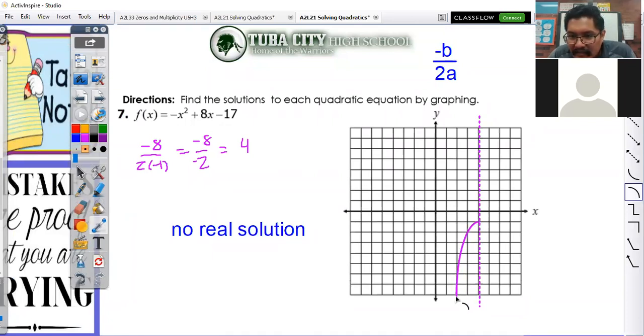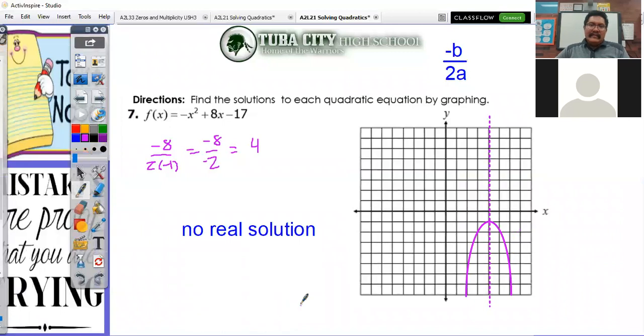Now in this case here, I'm just going to go ahead and draw a basic parabola to show that it does not cross the x-axis. And that looks close enough to what we saw on the graph. But again, this one's no real solution because it doesn't cross the x-axis.